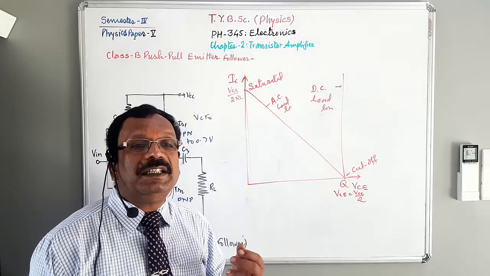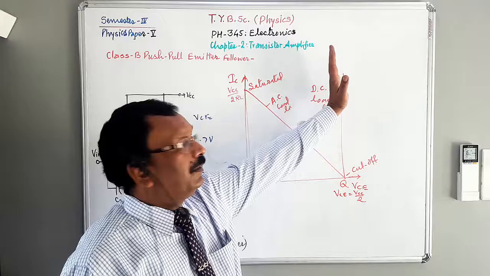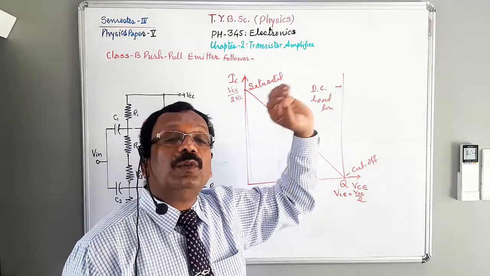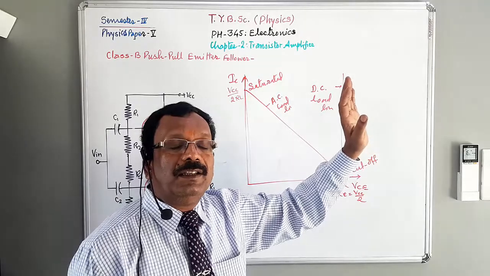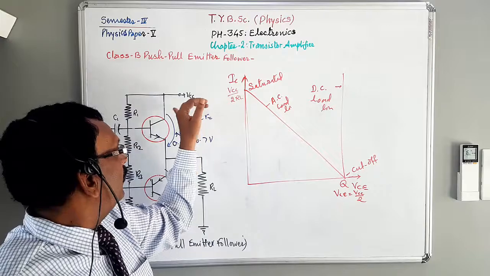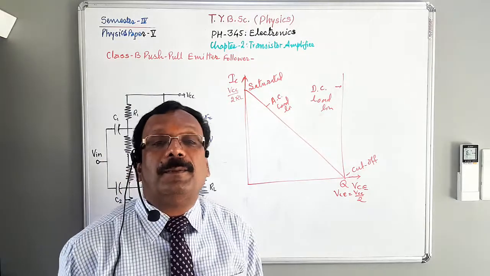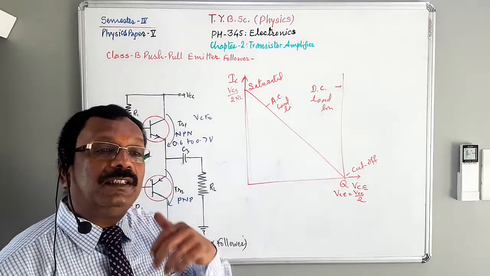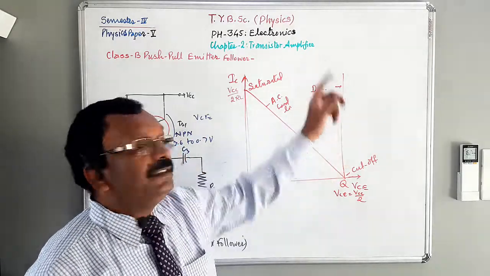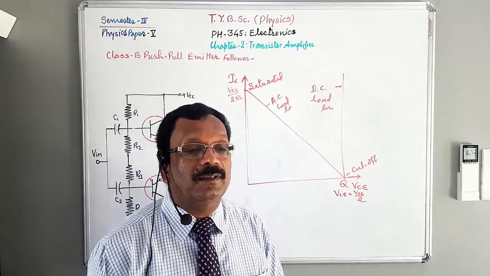This means that the DC load line is vertical.